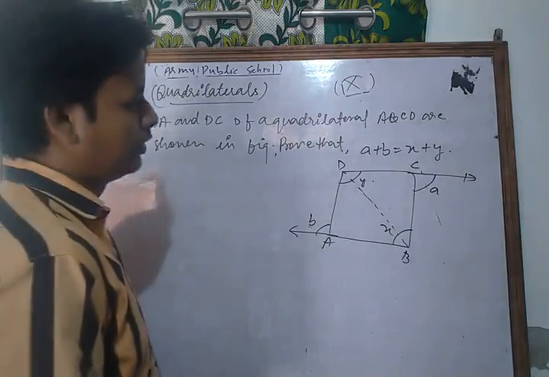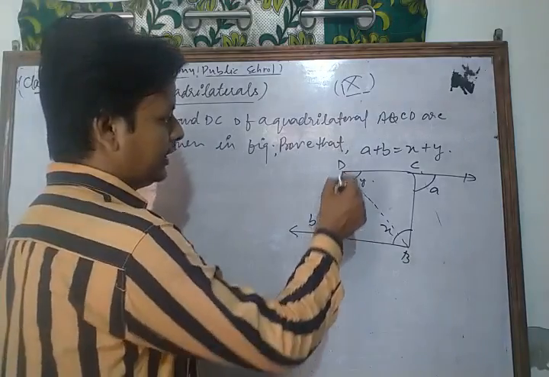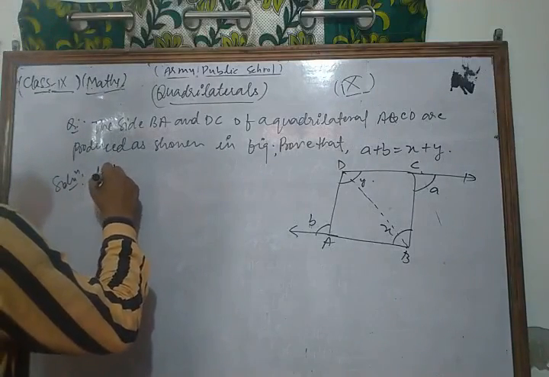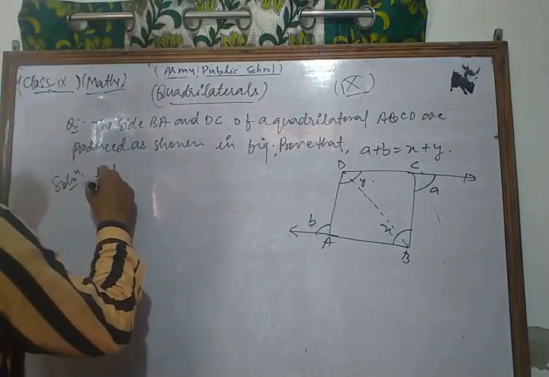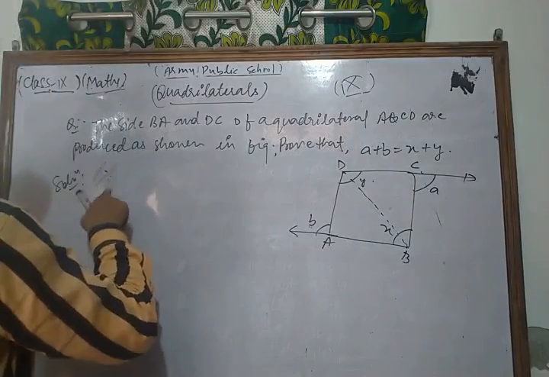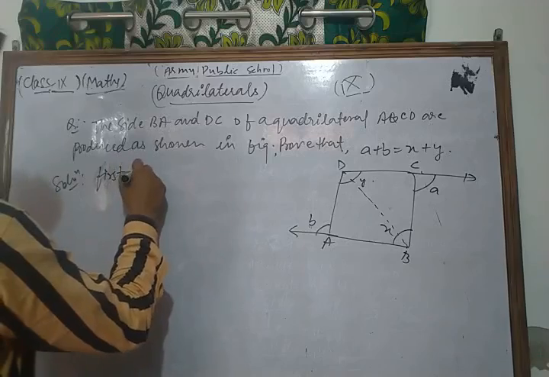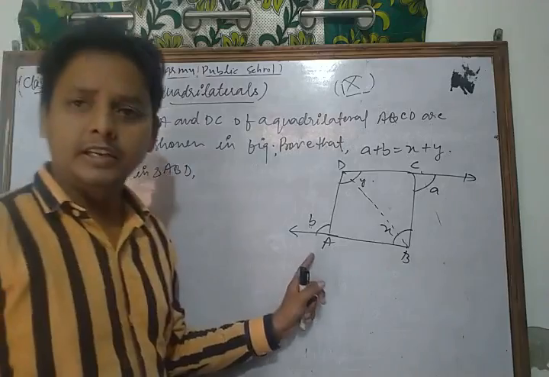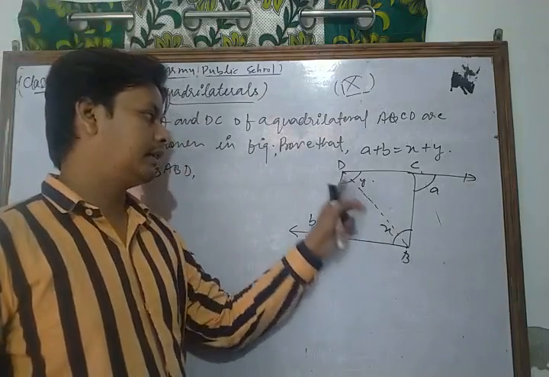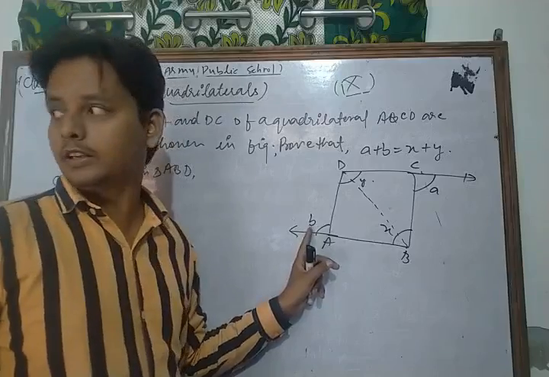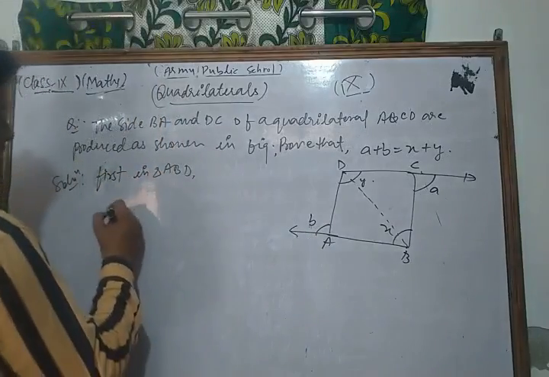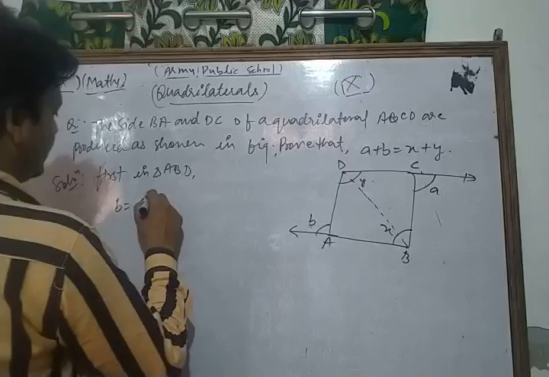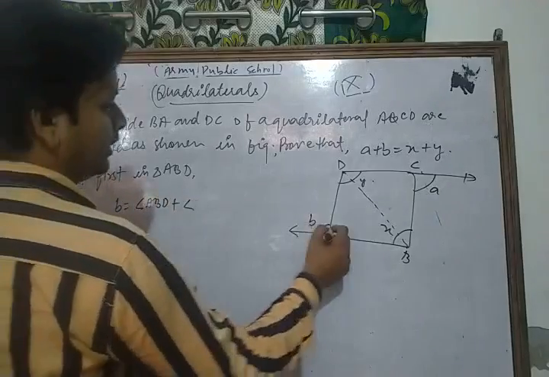Now let's see its solution. So first of all, we take triangle ABD. In triangle ABD, we apply the exterior angle property. Here, exterior angle B is equal to angle ABD plus angle ADB.